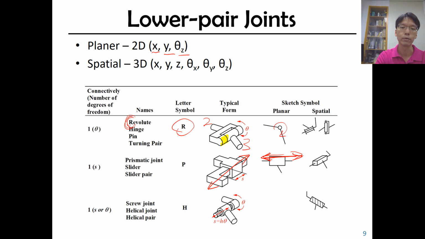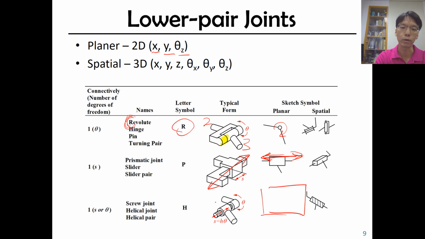Okay, let's take a look at the third one. It's a screw joint, also called a helical joint or helical pair. This only happens in 3D mechanisms, so you can see there's no planar symbol here. So what does a screw joint do? A screw joint is basically a screw and a nut.